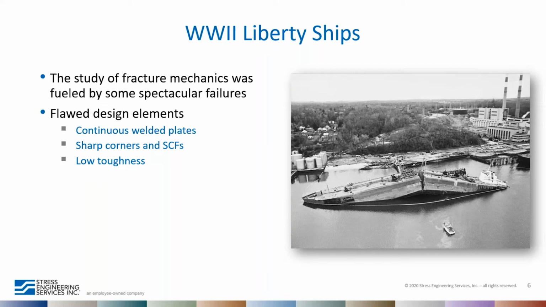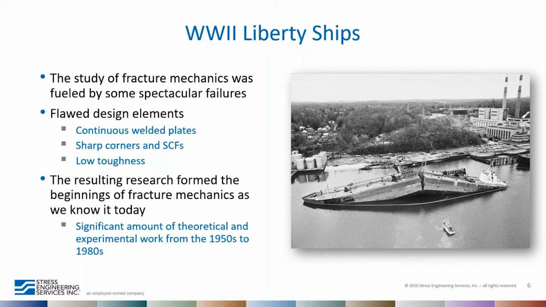And in general, when they did testing on some of the plates, they found relatively low toughness in those plates. So obviously there was a need and the motivation to deeply look at fracture mechanics and try to understand what was going on. And some of the research that came out of that became the beginnings of fracture mechanics as we know it today.